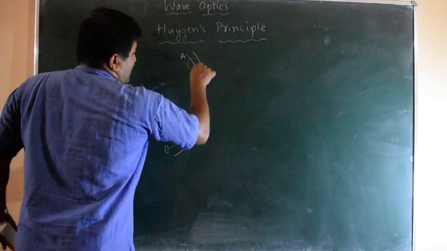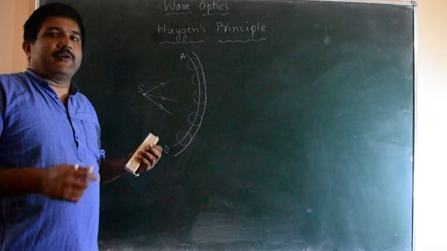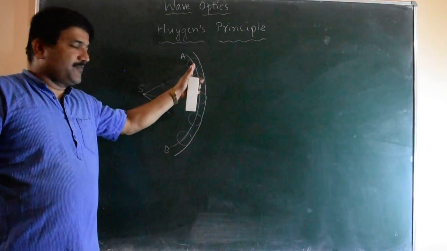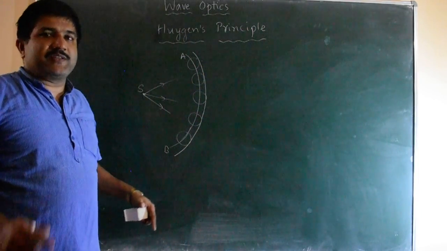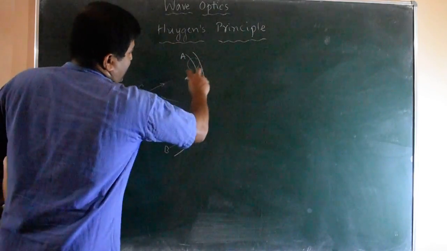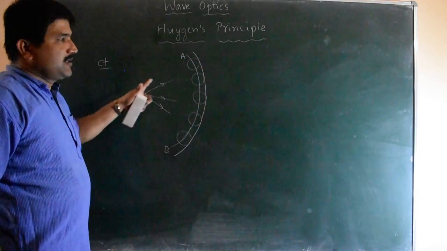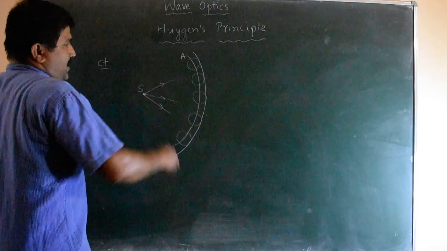Now these circles I have shown are actually the spherical wavelets, which advance from the primary wavefront. After a time t, they travel a distance c into t. Distance travelled is ct. So these secondary wavelets or secondary disturbance will have the radius ct after a time t from the wavefront AB.